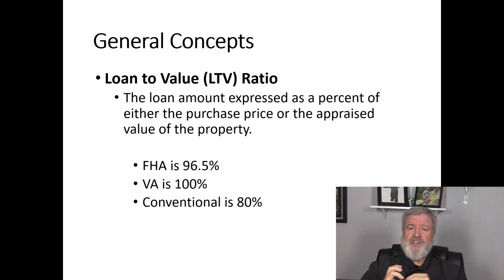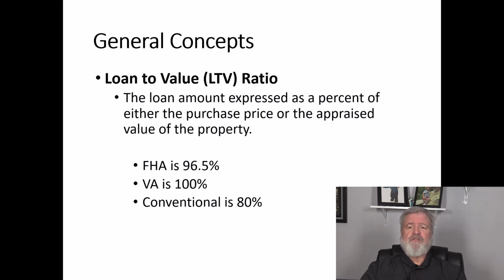If it's an FHA loan, you're looking at a 96.5% LTV, meaning you're going to have to put 3.5% down. VA is 100%, meaning there's no down payment. Now, I'm going to tell you that can be a little bit misleading, and you'll see why I say that when we get into actually going over VA loans. But for now, VA loans offer 100% financing.